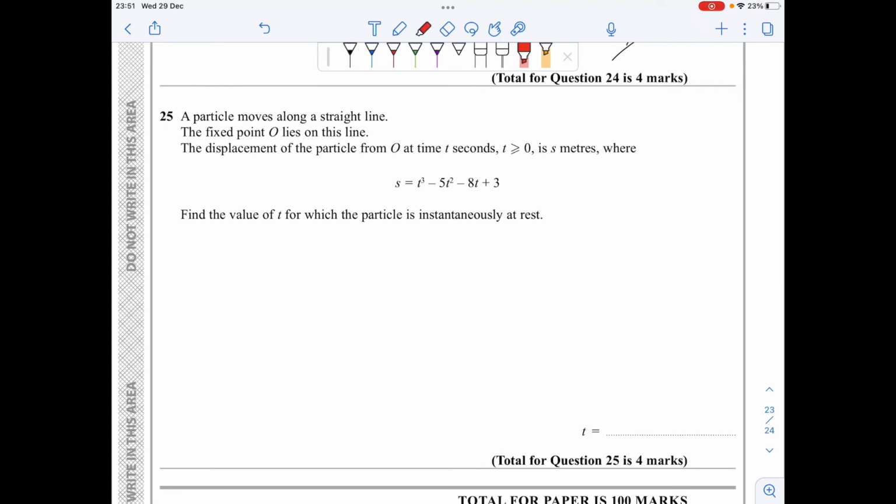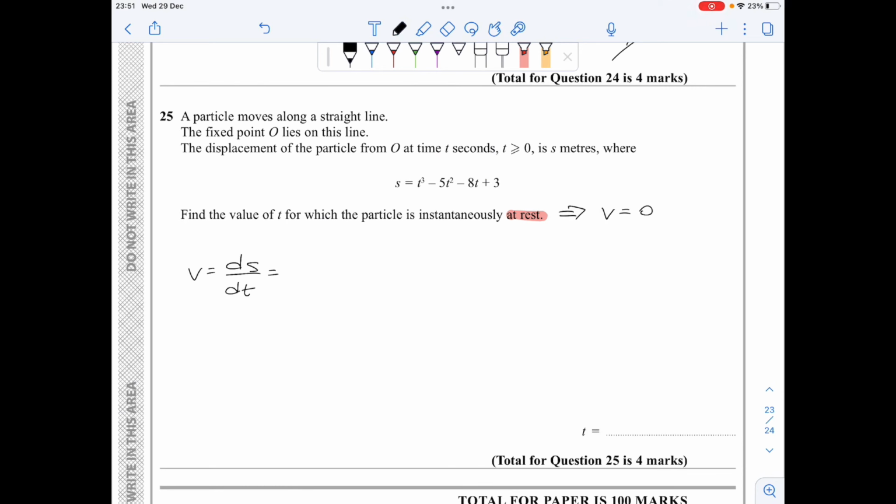In this question, to find when the particle is at rest, we need to find the value of t when the velocity is equal to 0. Now the velocity is equal to the derivative ds/dt, so I will differentiate this expression.